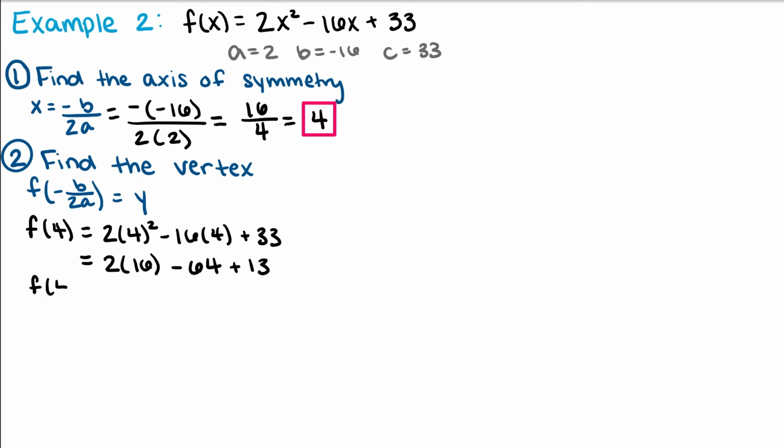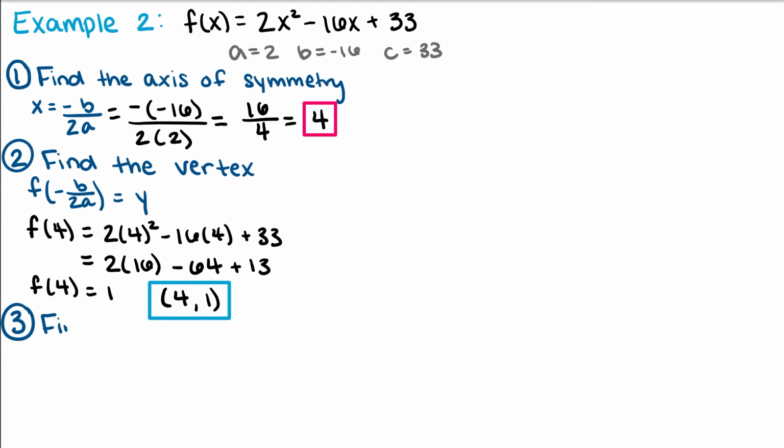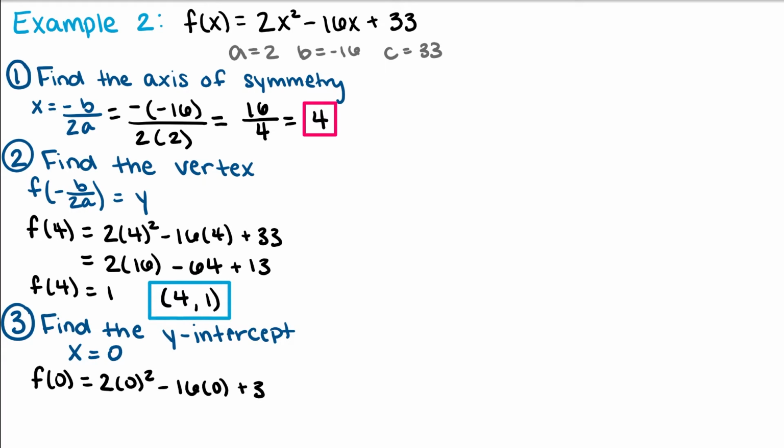So f of 4 equals 1, and our vertex is (4, 1). Third, we'll plug in 0 to find the y-intercept. So f of 0 is 33, and our y-intercept is at (0, 33).